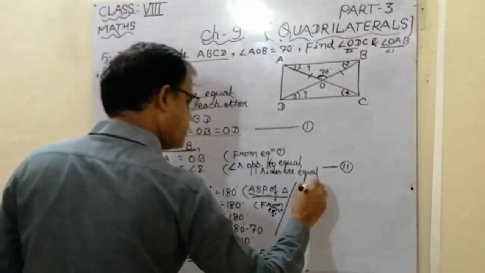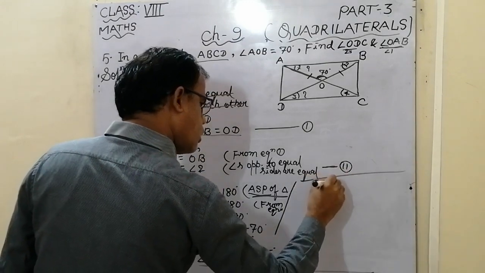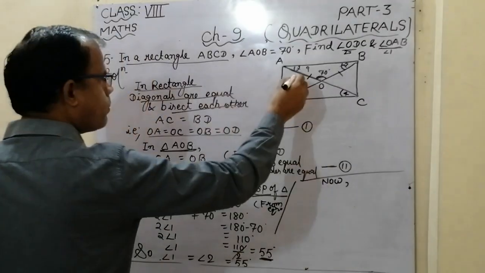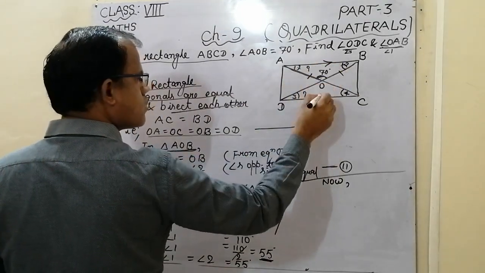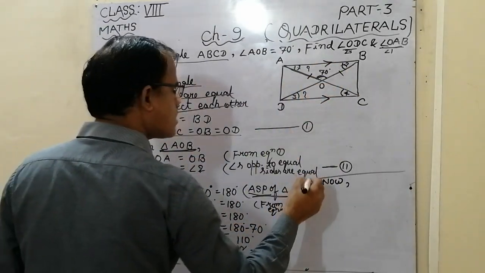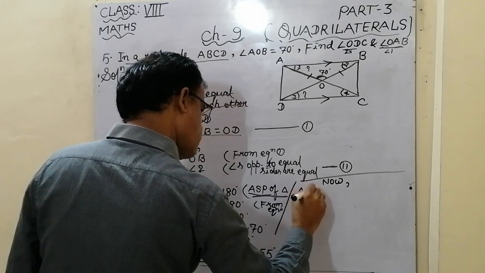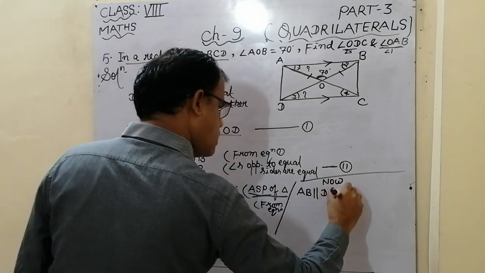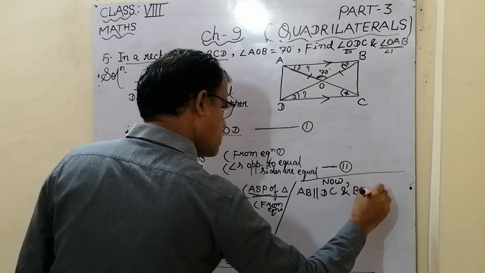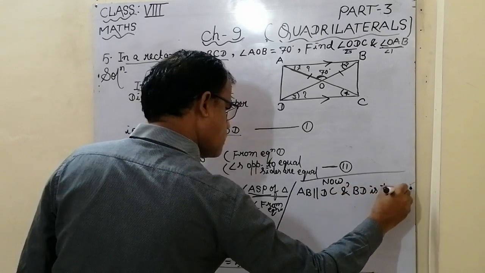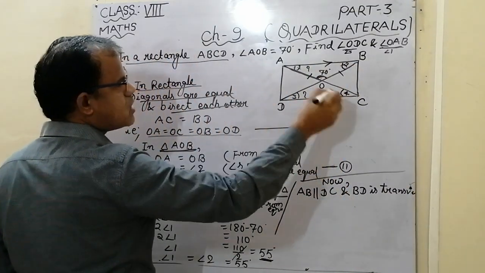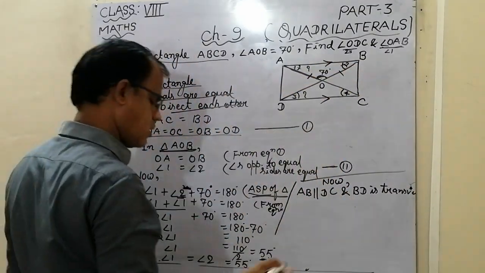Now look here, AB is parallel to DC, this side parallel to this side, and BD is a transversal.